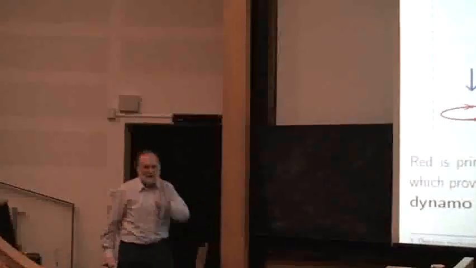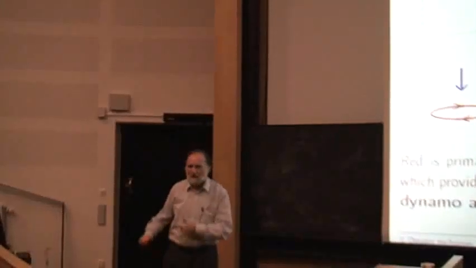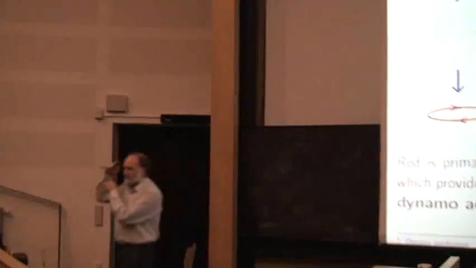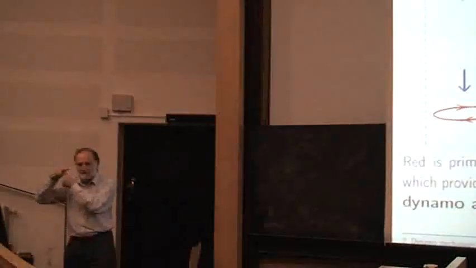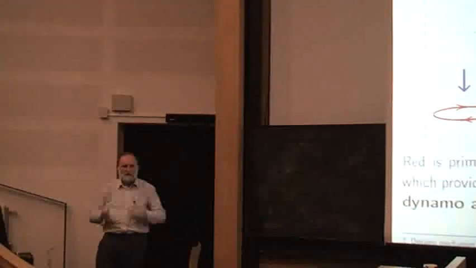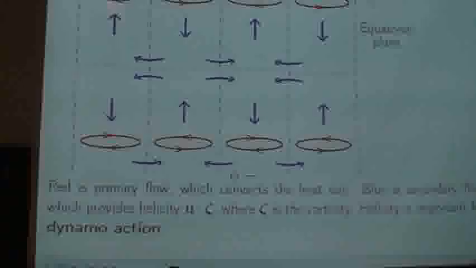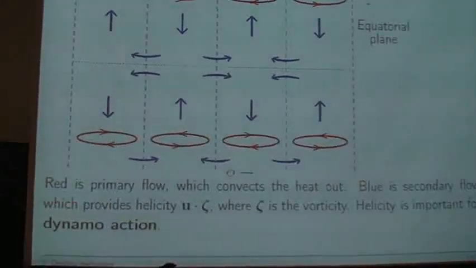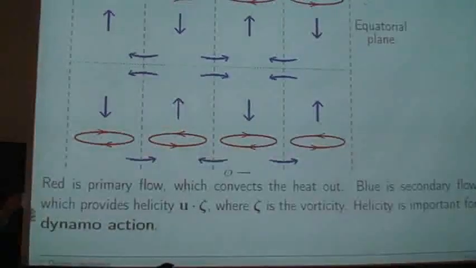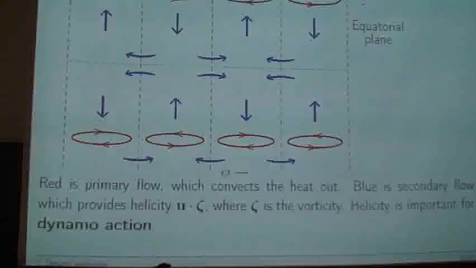So the vertical flow due to the Ekman suction: if you've got a stress-free boundary, you don't have any Ekman suction, but if you've got a no-slip boundary, then you will get motion which is in phase, so you will get a small contribution which is in phase, which is why you get a small amount of helicity. You don't get a zero helicity. If you remember the picture I showed you, it's not naught, but it's pretty small.